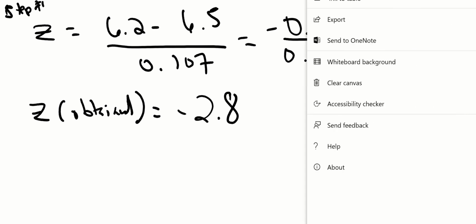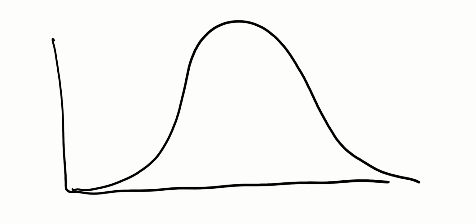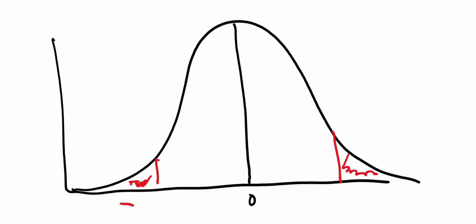Since we know it's a two-tailed test, we can put it into our normal curve, with 0 in the middle, and this is our rejection region. We have a negative rejection region of 1.96 and a positive rejection region of 1.96.